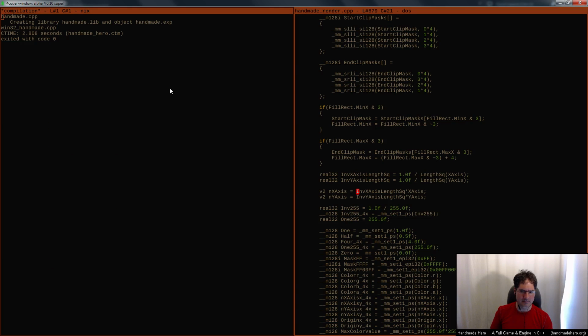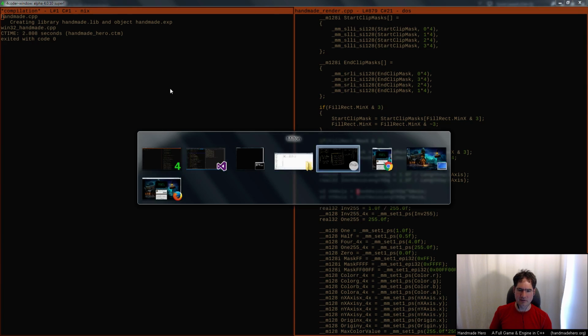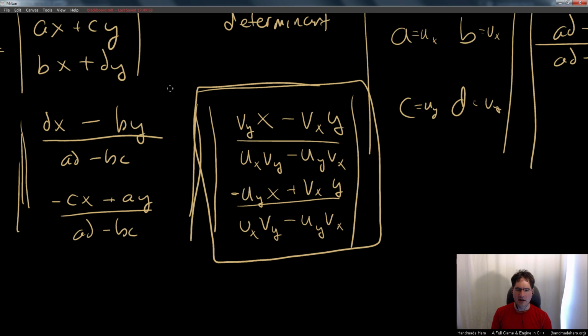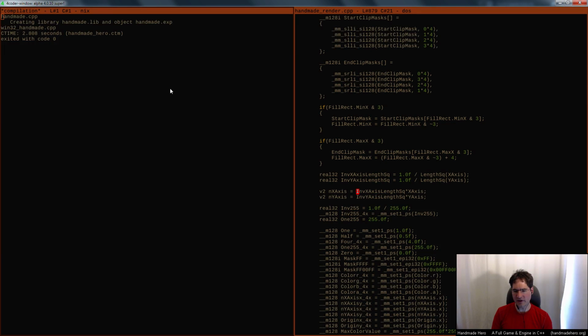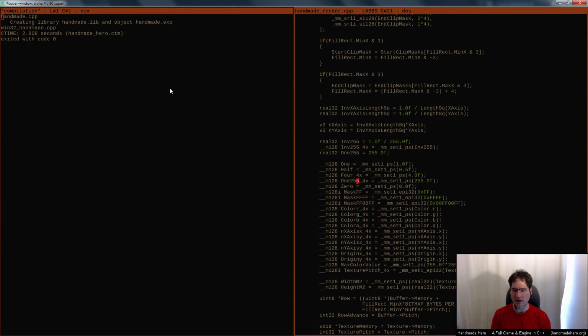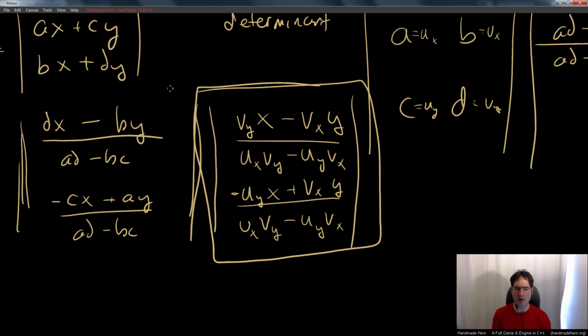So if I'm not very much mistaken, and it's easy with this much stuff to be mistaken, I think we actually can just do this operation and be done. So I think we don't really need any of this stuff anymore. I think we can just use the x-axis components and the y-axis components and do it.